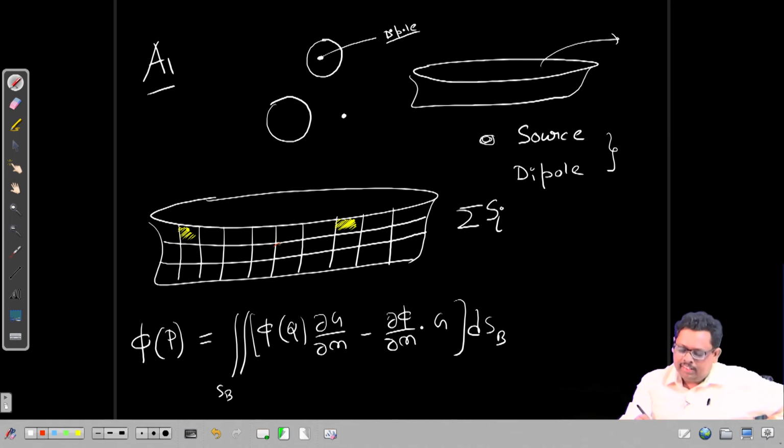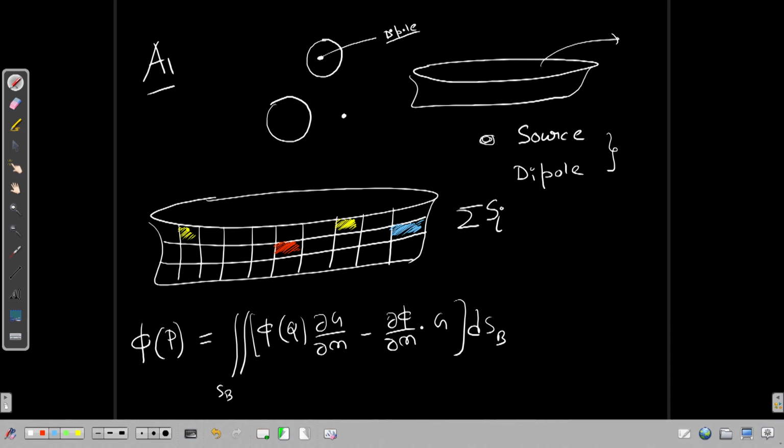Similarly, phi has a different value in this panel also, and in this panel also. So, how can we understand how this phi is varying and how I can approximate the value of phi over here?